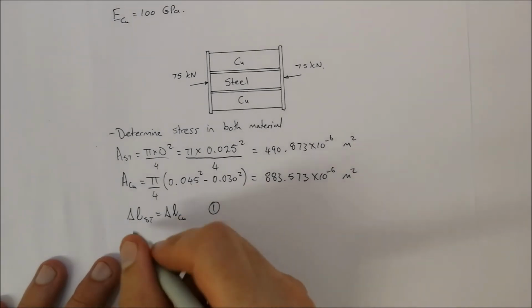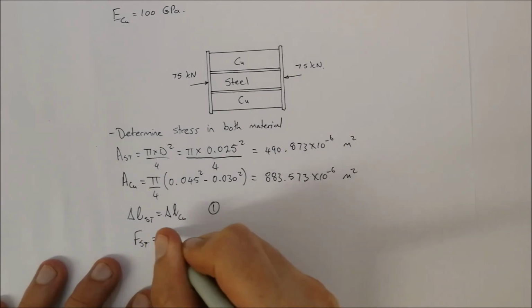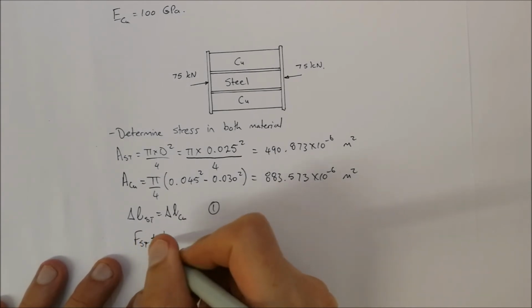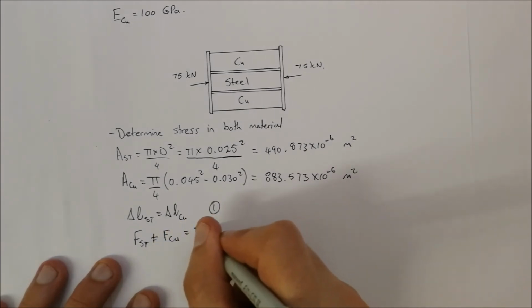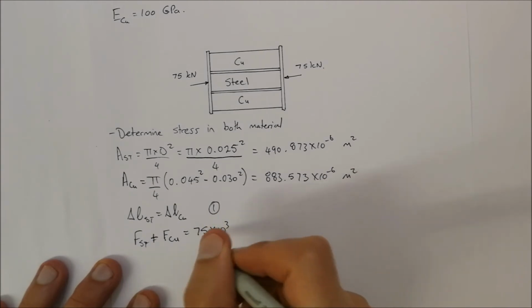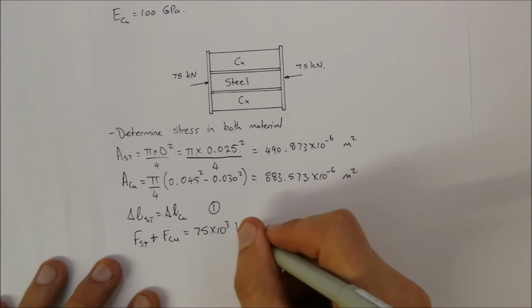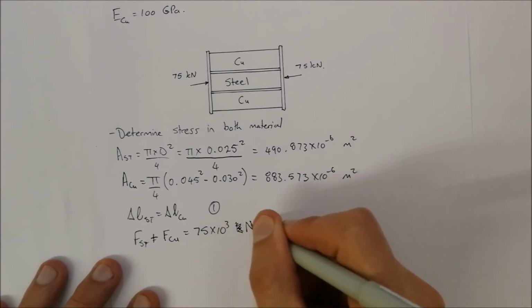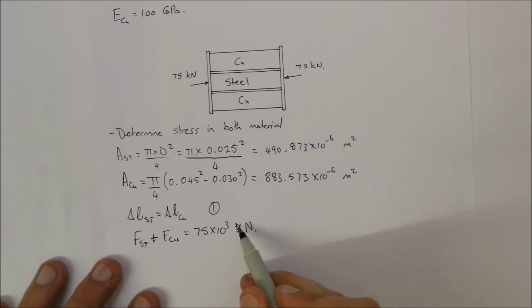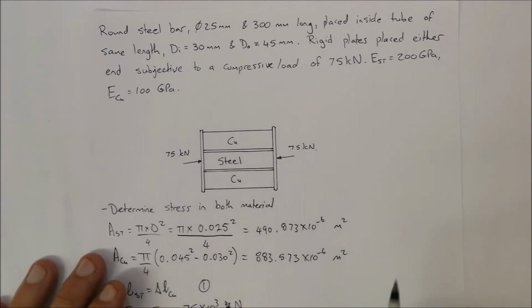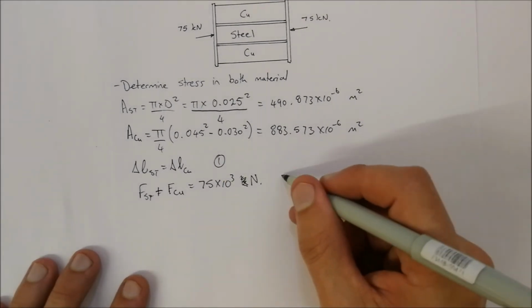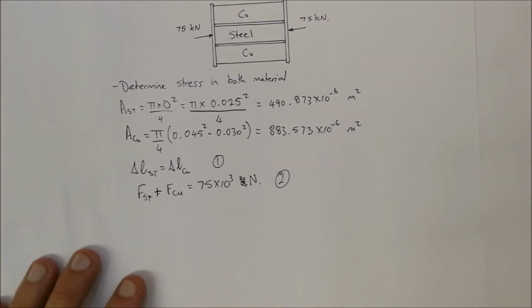So the force of the steel plus the force of the copper is equal to 75 times 10 to the 3 newtons. We don't need the kilonewtons there because we've already multiplied by 10 to the power of 3 for the kilo. That's the compressive load of 75 kilonewtons that we've been given. That's going to be our second equation.